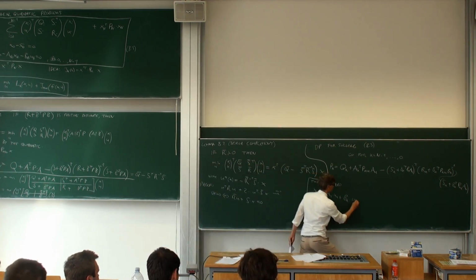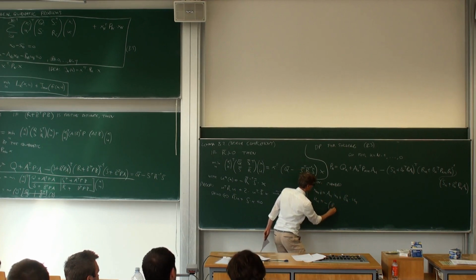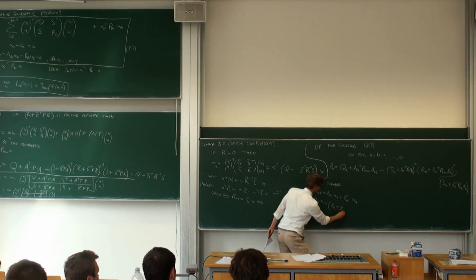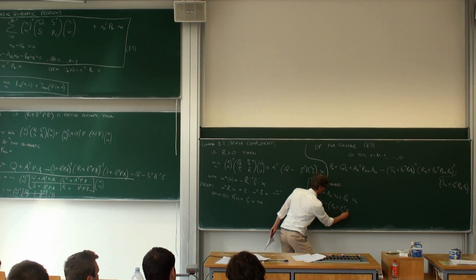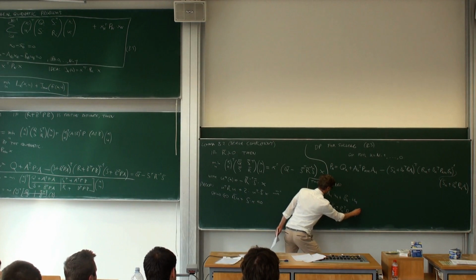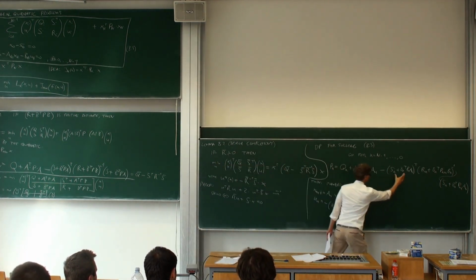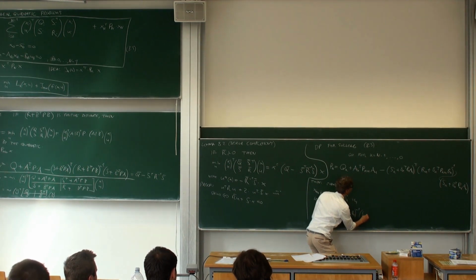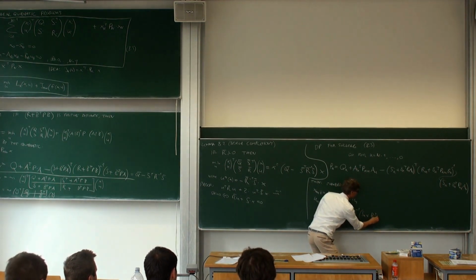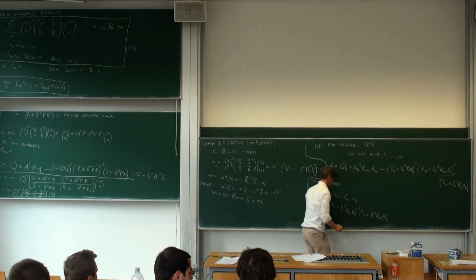Maybe I write it like that. u_k is given by minus R_k plus B_k transpose P_{k+1} B_k to the minus 1 times S bar. S bar was this thing, so I can here have S_k plus B_k transpose P_{k+1} A_k, okay, times x_k.